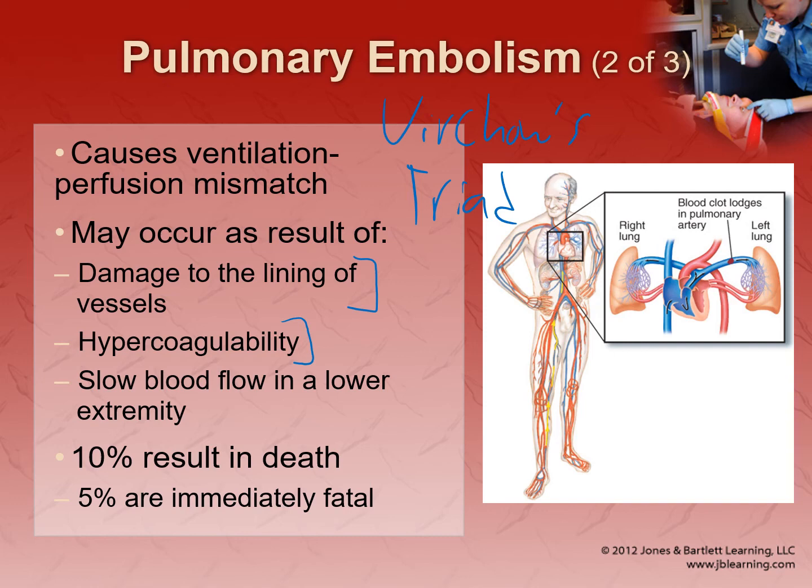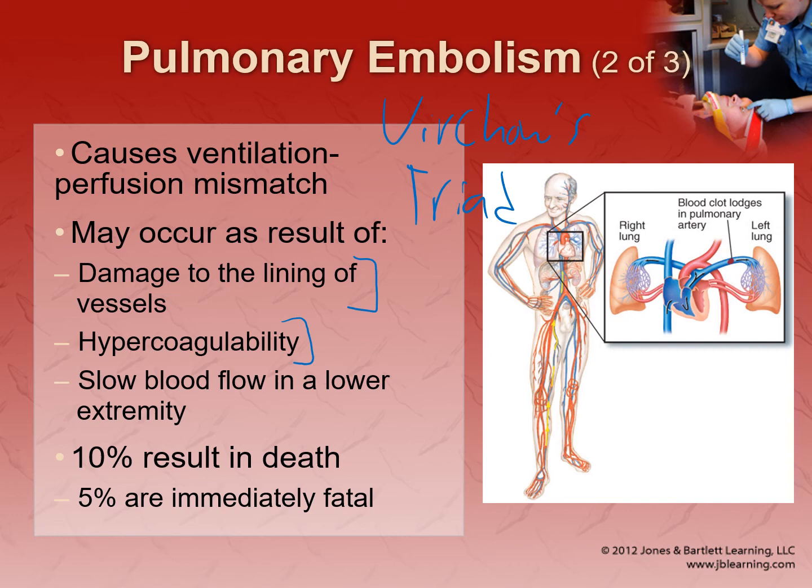It doesn't even have to be a lower extremity. Most of these come from the leg, but a low flow state, right? A stagnant state. The classic, again, test question, and there's a fair number of these that do occur in the real world, the long flights, right? If somebody's been on a flight in excess of 6 hours and they haven't gotten up, walked around, done anything to move the muscles in their legs, blood will pool in the venous side.